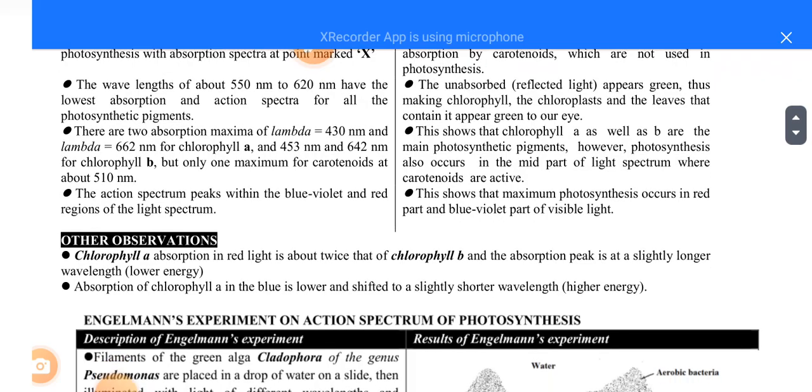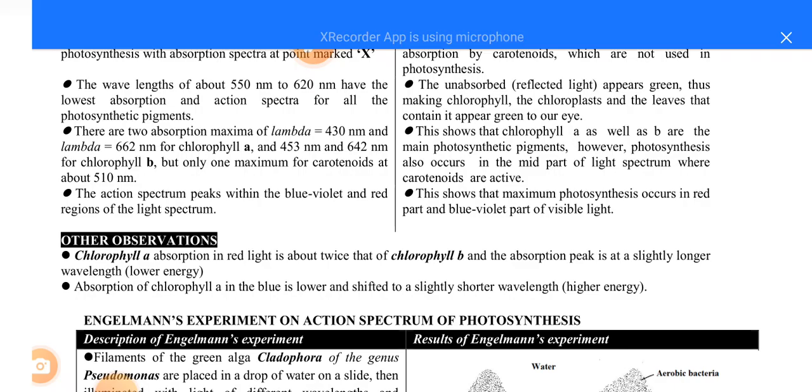Then other observations here: chlorophyll A absorption in red light is about twice that of chlorophyll B, and the absorption peak is at a slightly longer wavelength.